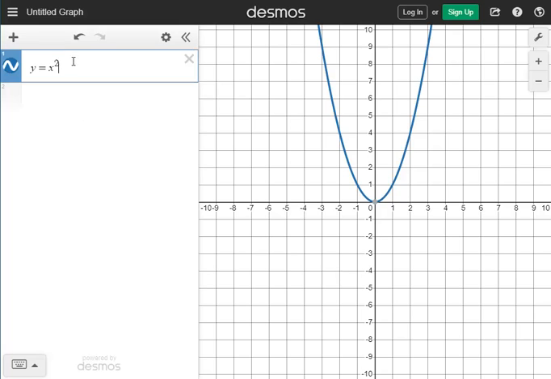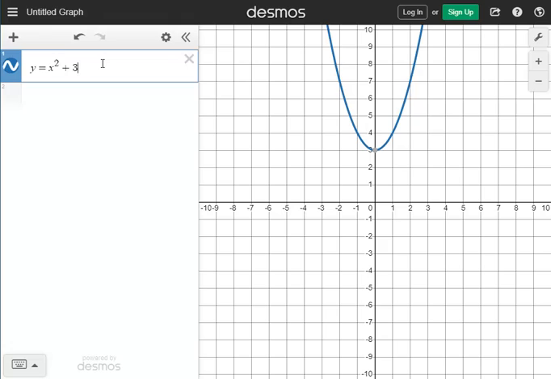I'm going to start by taking this x squared and adding a number to it. So let's add 3. When I do x squared plus 3, the shape of the graph pretty much stays the same, but the vertex moved from 0, 0 all the way up to 0, 3.